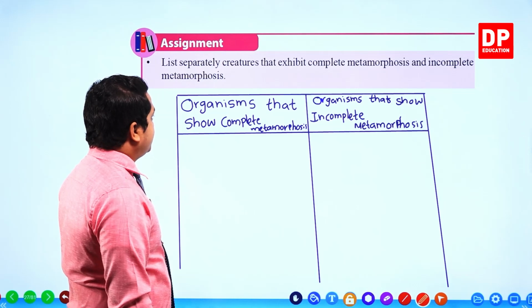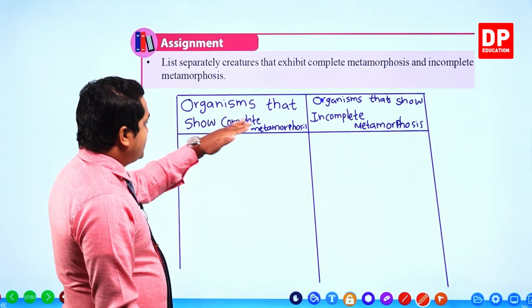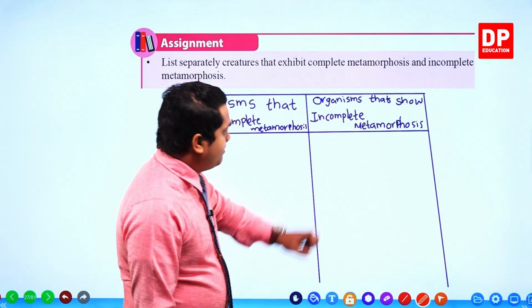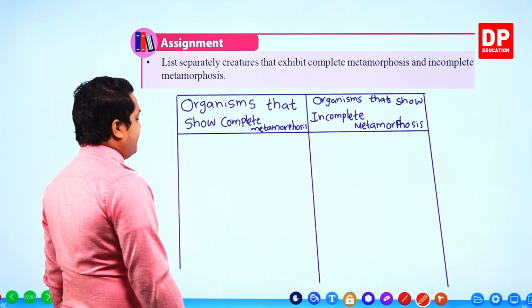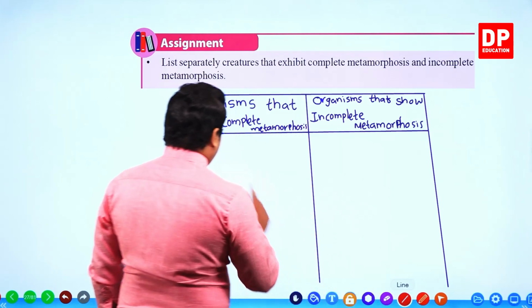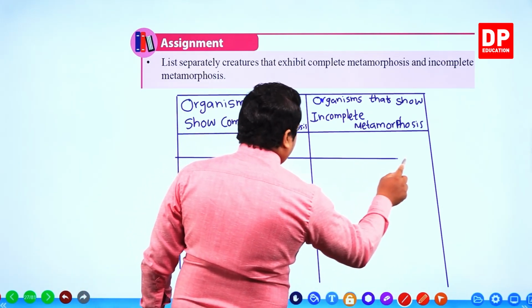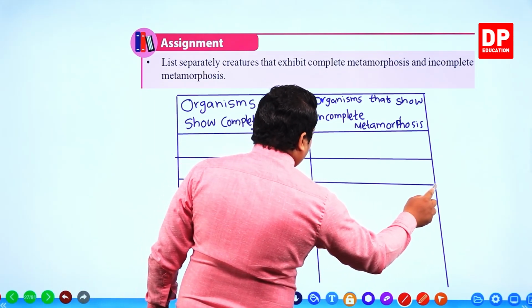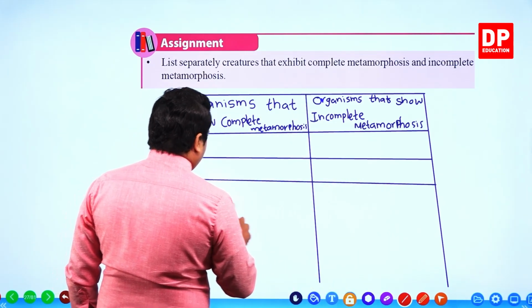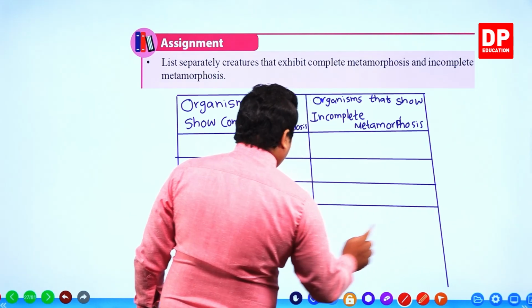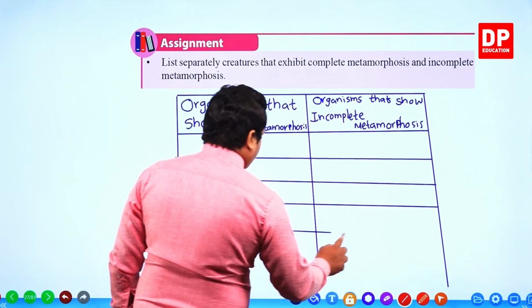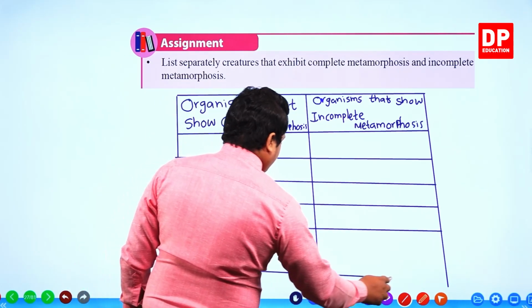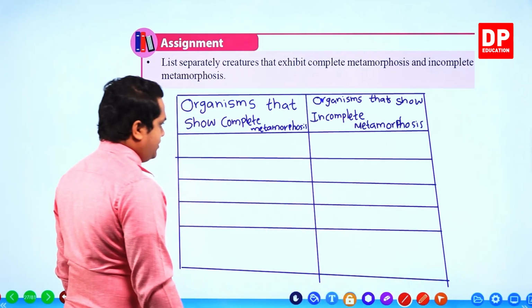So we'll write 5: 1, 2, 3, 4, and 5. Okay.